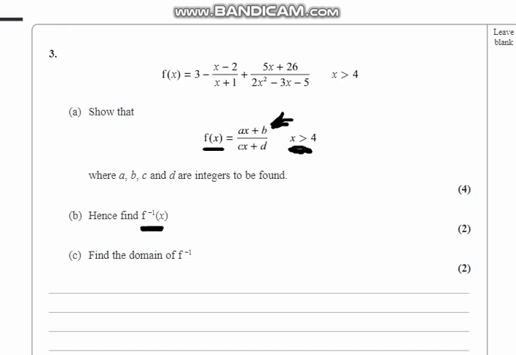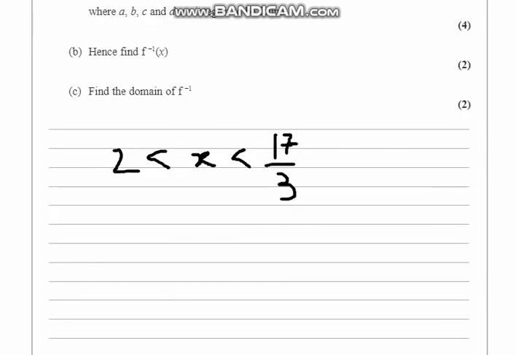So 17 upon 3 is 5.6777, that's bigger, and 2 is less, so we can write it as 2 is less than x is less than 17 upon 3. That's our final answer. Keep in mind that we are not finding the range, we are finding the domain here. So the domain is the x values and the range are the y values here.